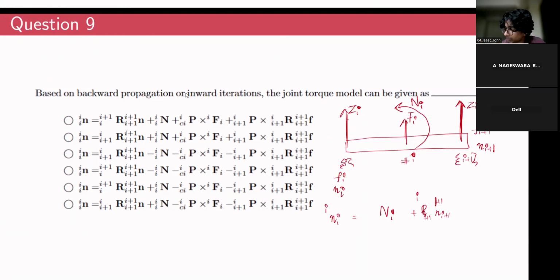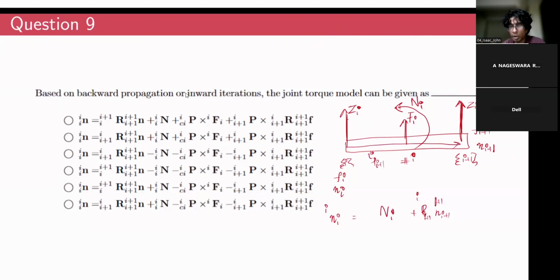Then what other moments do we have? We have the moment contributed by this force, right? Because this force is at a distance, at this distance. So this force will have a moment at this point because of this moment arm. I'll denote this moment arm, or that distance, as the position vector of I+1 with respect to I, which would be this distance.